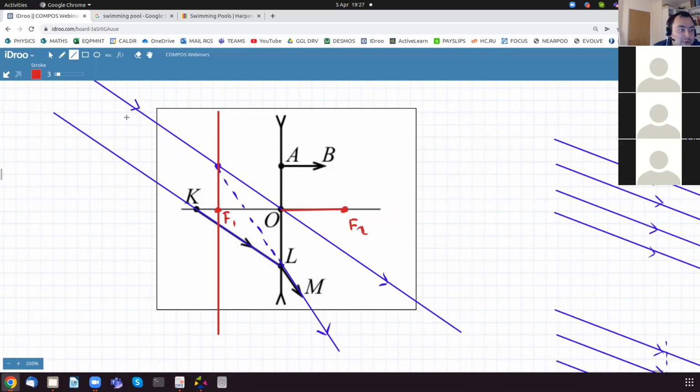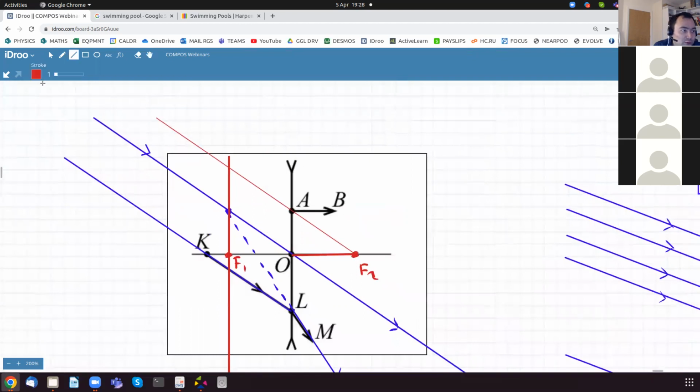And now all you need to do is draw a line from the focal point through A, and then just draw over it. So, bam. This is the path of the ray AB.